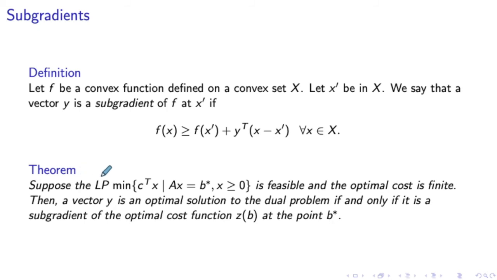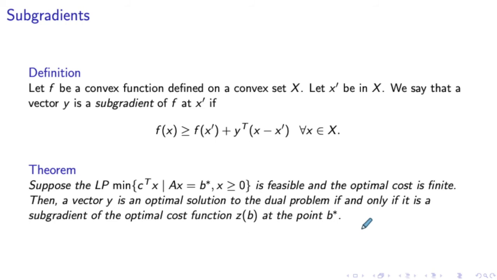So if we have an LP that is to minimize c transposed x subject to Ax equal to b star, x greater than or equal to 0, if this LP is feasible and the optimal cost is finite, then a vector y is an optimal solution to the corresponding dual problem if and only if it is a subgradient of the optimal cost function z of b at the point b star.